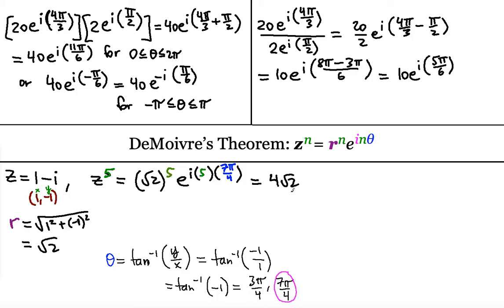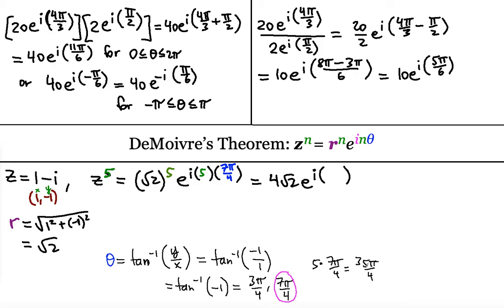So it's going to be just 4 radical 2. Now e to the I, and what is going to be the simplified angle theta? So here we have to perform a product, right? So 5 times 7 pi over 4 is going to be 35 pi over 4.